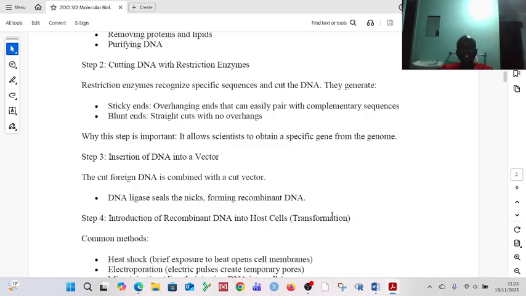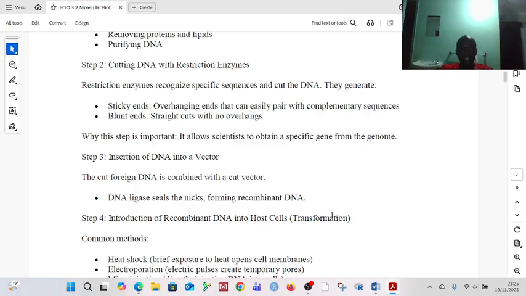So the DNA that you've cut, you now combine it with a vector which has been cut using the same restriction enzyme. The restriction enzyme that you use to cut your DNA of interest from the isolated DNA is the same restriction enzyme that you will use to cut the vector with.